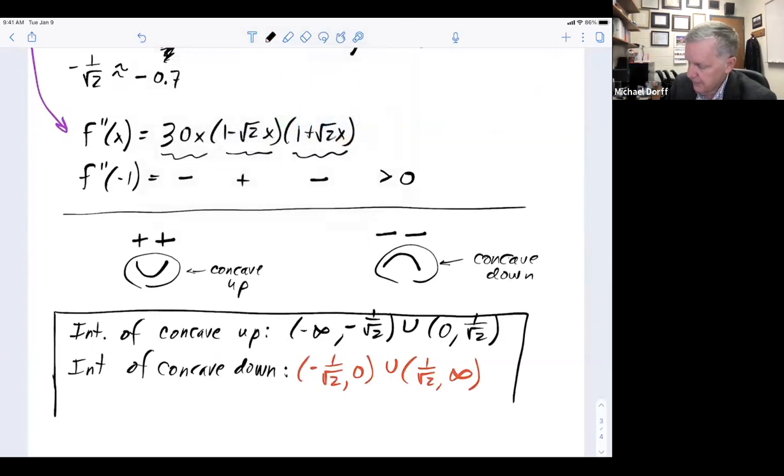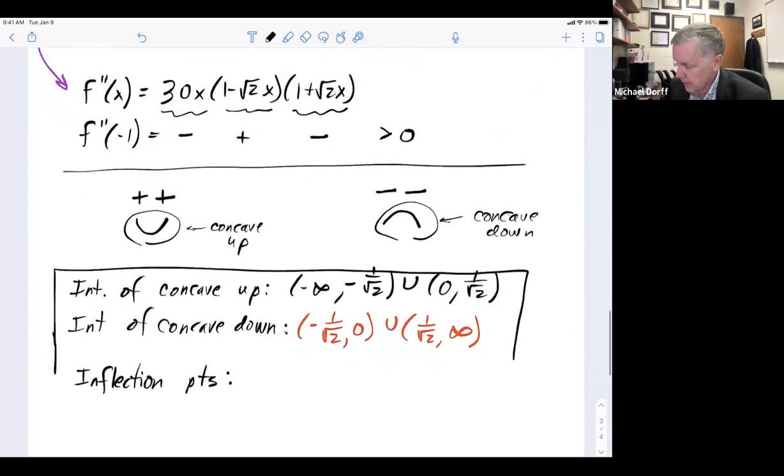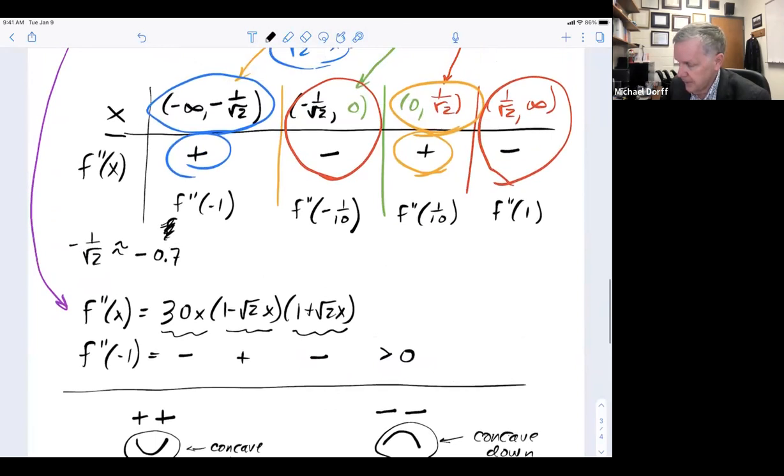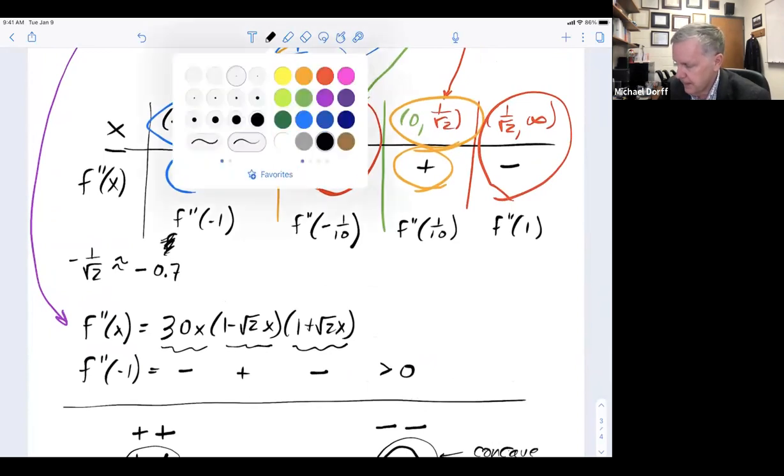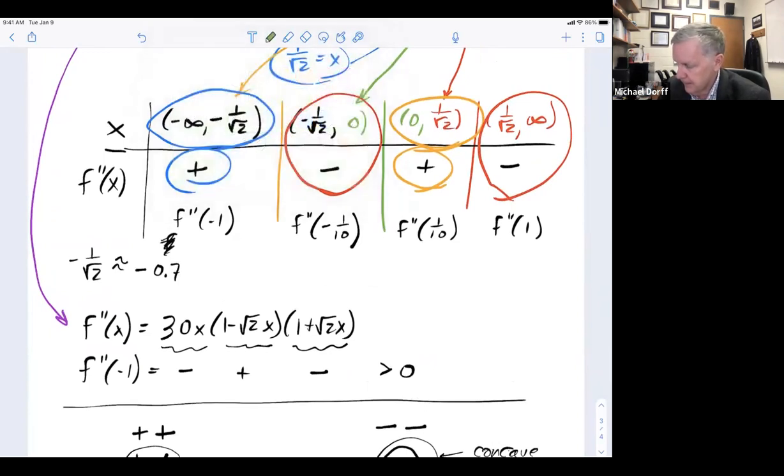And now we have to do inflection points. And what are inflection points? Well, inflection points are when it changes from concave up to concave down or concave down to concave up. We can see here that those signs change at negative, let's see, I gotta get a good color here. Let's do purple.